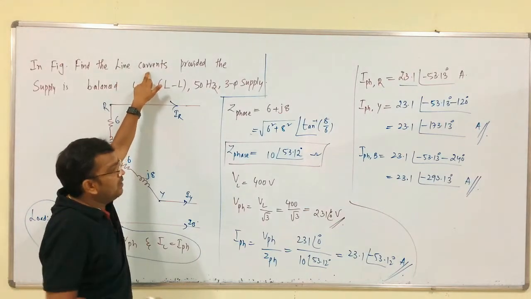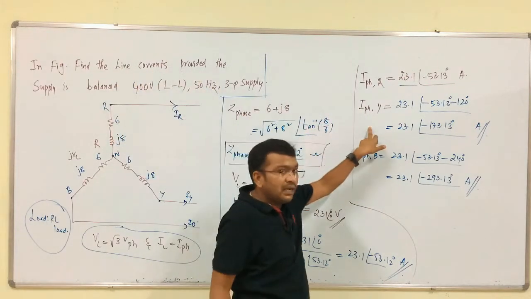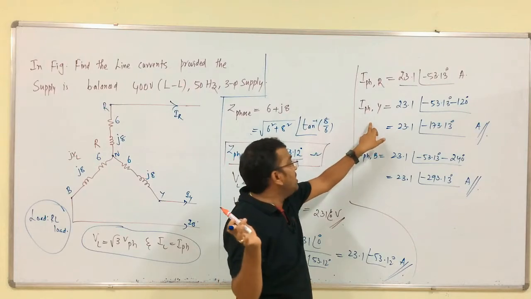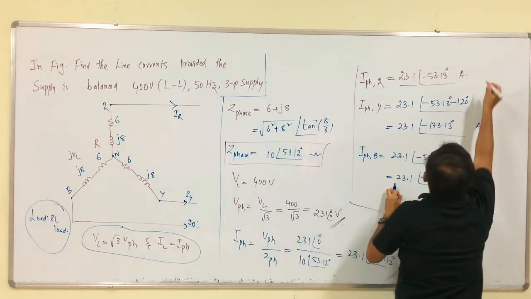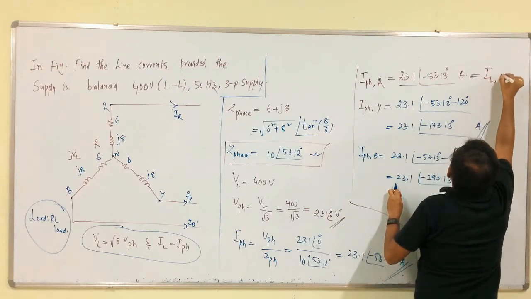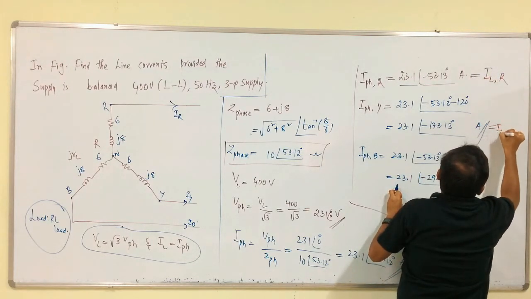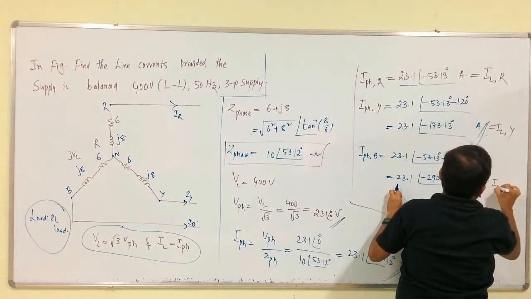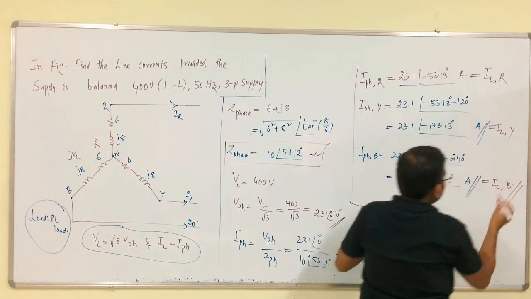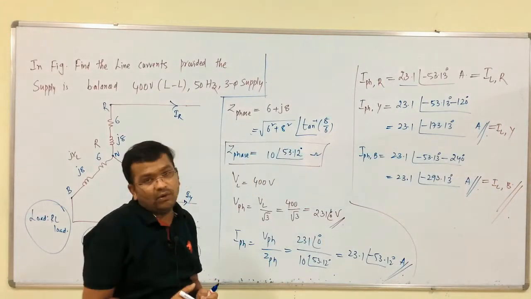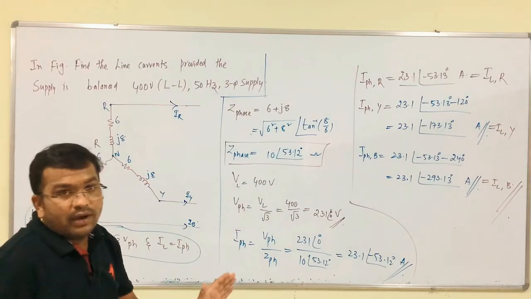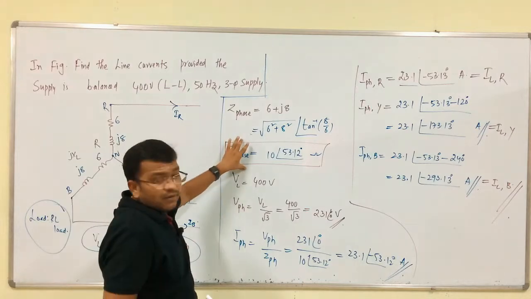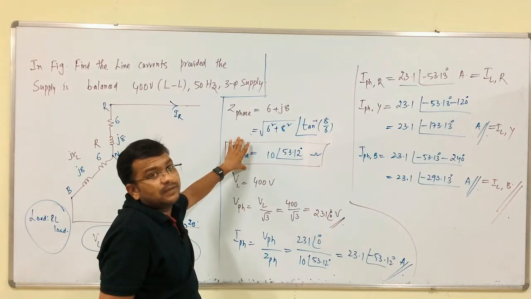We have the phase currents, but in a star connected system the phase currents equal the line currents. So, line current of R equals line current of Y equals line current of B. Like this we have to analyze the circuit and calculate the required data.